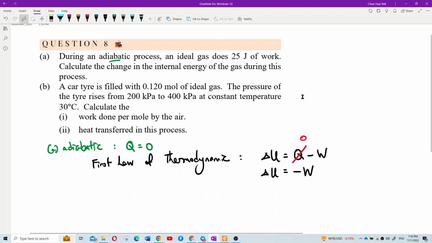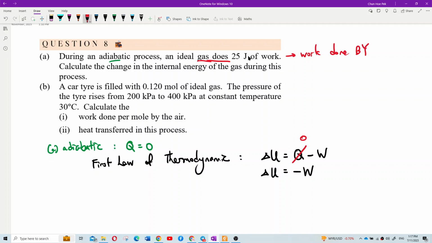Okay, now an ideal gas does 25 joule of work. So this gas does this amount of work. So is this work done positive or negative? Who does the work? The gas does. So you can say this is work done by gas.